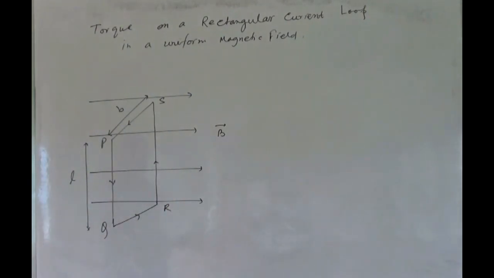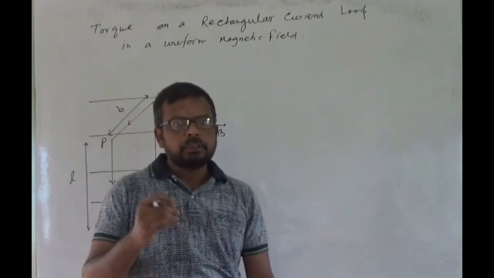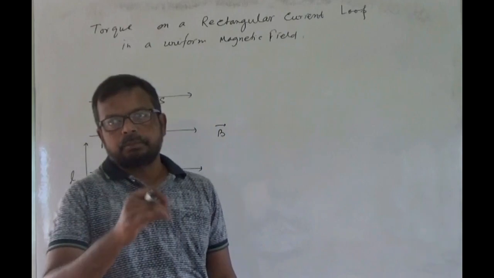Again, let us say in a particular moment the normal to the plane of the loop makes an angle theta with the direction of the magnetic field.